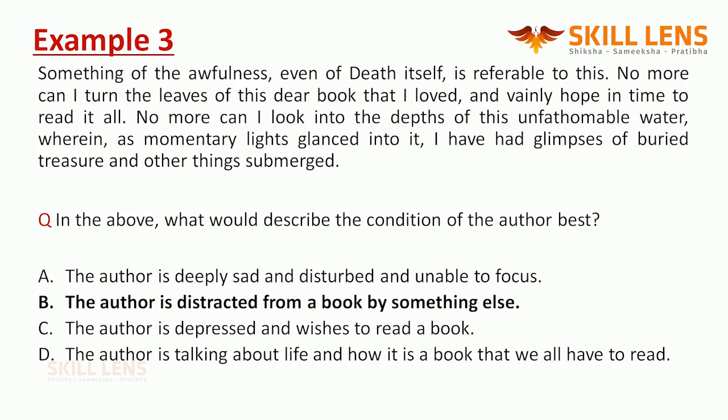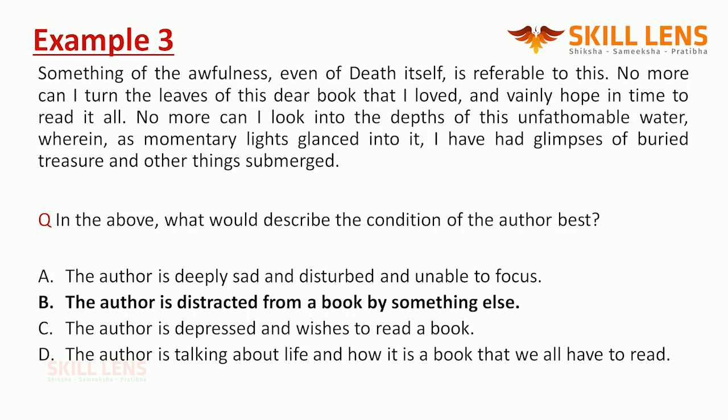So this is also information that is not seen in the paragraph, so we eliminate it. The last option, author is talking about life and how it is a book that we all have to read. So a part of it is correct: he's talking about life and the dreadfulness of it, but he's not suggesting that we all have to read a book. So we eliminate option D also.